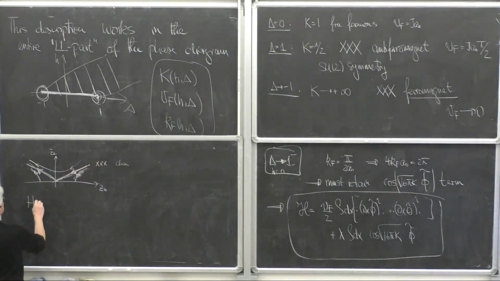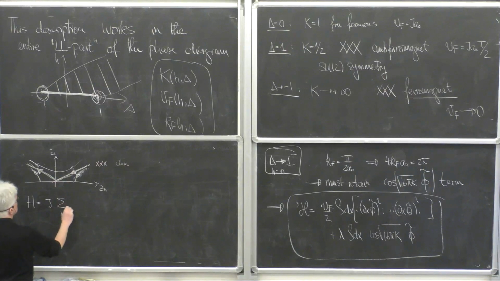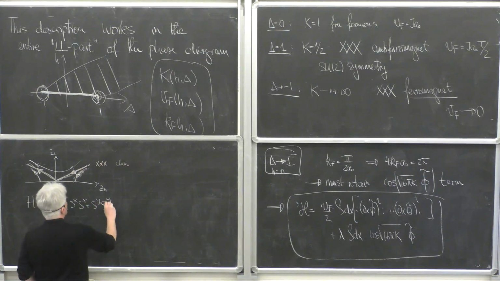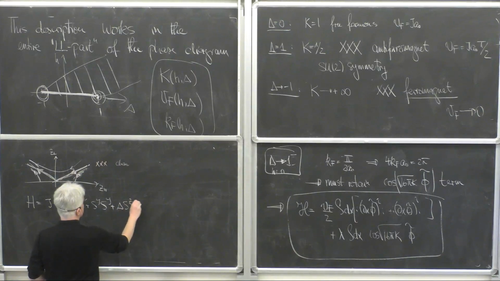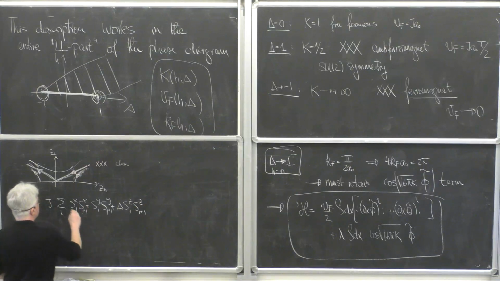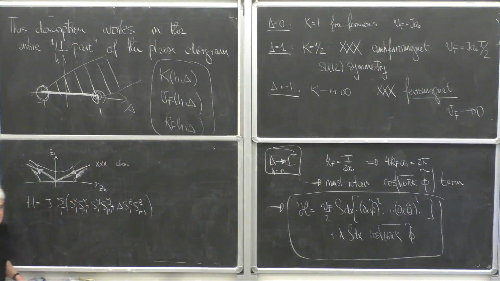So the Hamiltonian is essentially J sum over Sx Sx plus Sy Sy plus delta Sz Sz. Something like this. Okay, and so the physics is the same for all delta larger than 1. So there's no other transition along this line, it turns out.